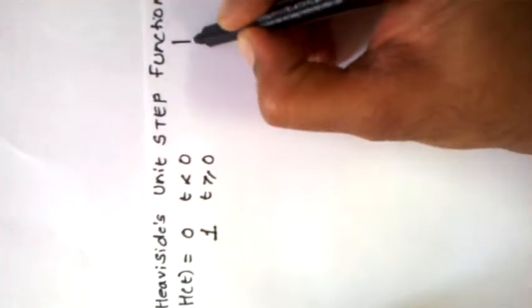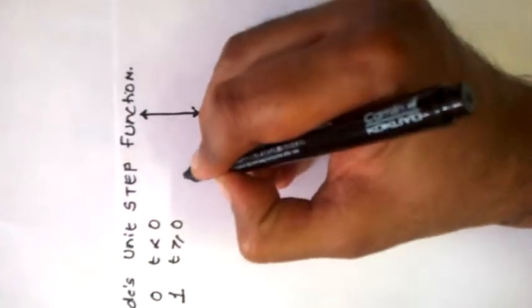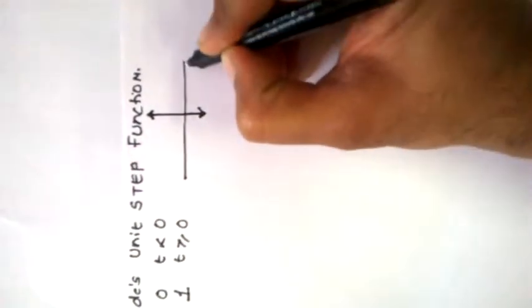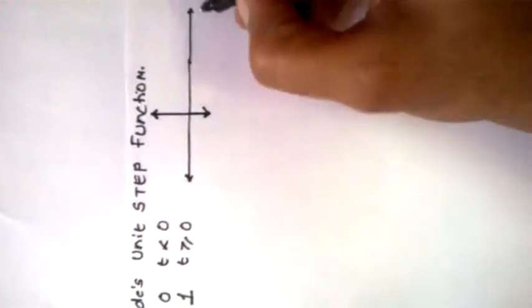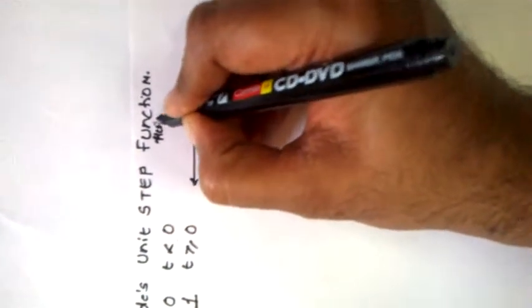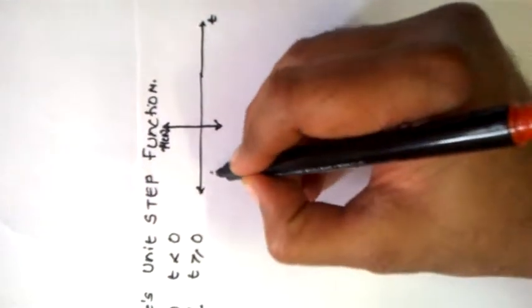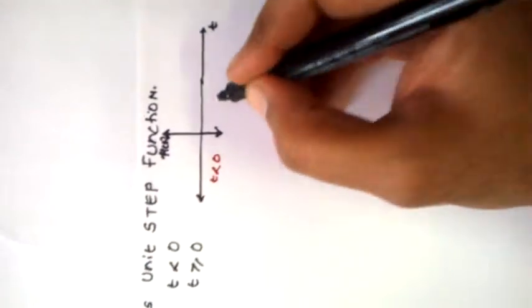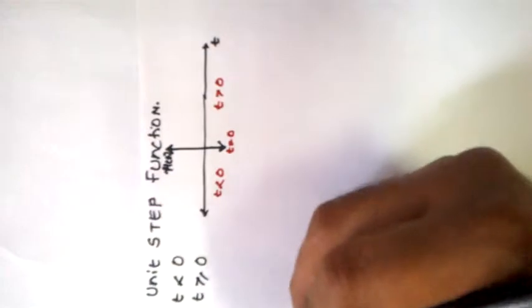When we draw the graph of such a function, let's see how it looks like. This is t and this is h of t. Now in the interval t is less than 0, which is over here, this is t greater than 0 and this is t is equal to 0.